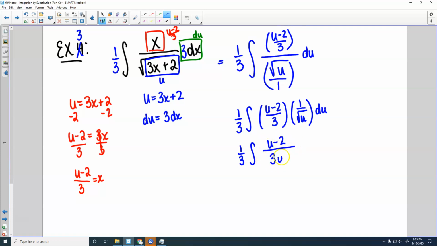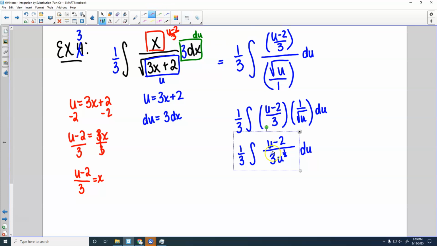I'm going to write this as u to the 1/2. We're probably going to have to go to fractional exponents eventually at least. Okay. All right, ideas now.